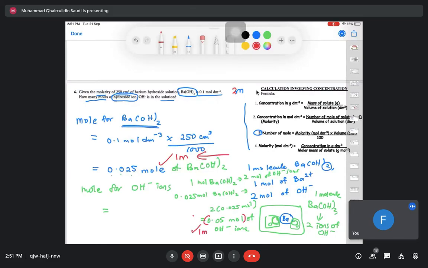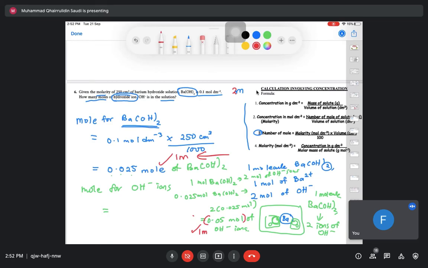Boleh faham question ni? Boleh. Ada soalan lagi tak? Yes, ikut bilangan ion sebab dalam satu molekul of barium hydroxide ada 2 ion hydroxide. Jadi contoh macam ni lah.